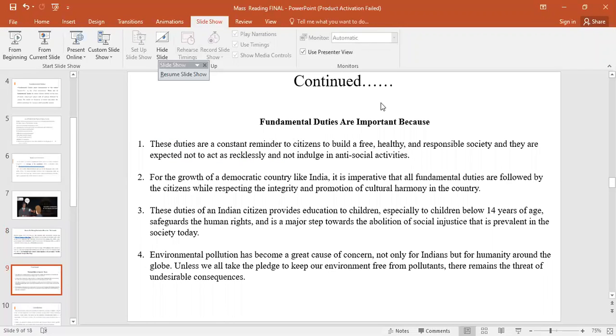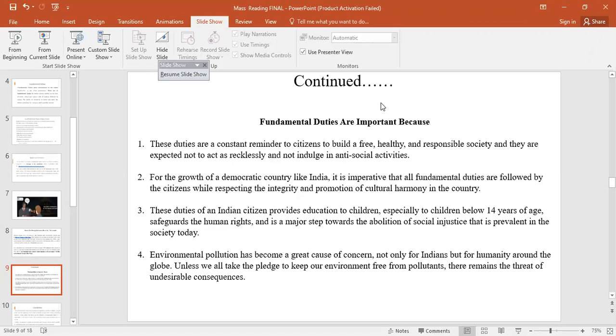Fundamental duties are important because these duties are a constant reminder to citizens to build a free, healthy, and responsible society, and they are expected not to act recklessly and not indulge in anti-social activities.